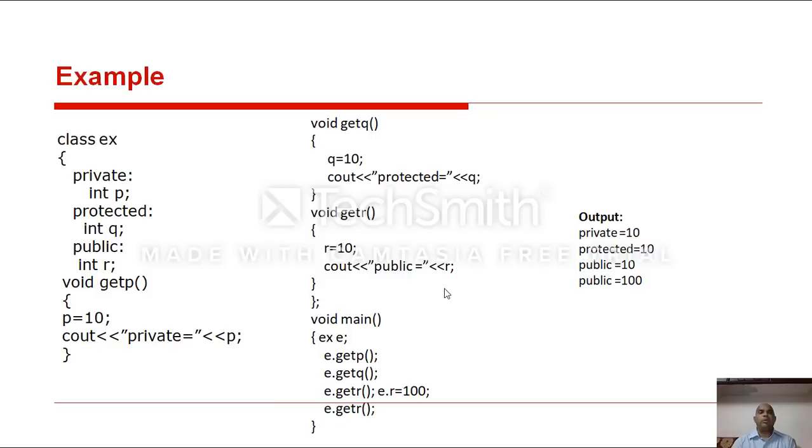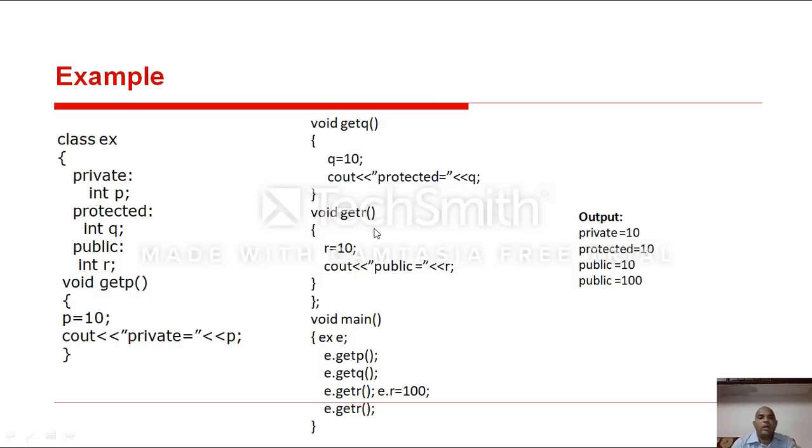Then this is an example program for data hiding concepts. Private, protected and public are the three access specifiers. Class EX has private, protected and public sections. Then void get P, void get Q, and void get R. In get P, P equal to 10, where P is private. In get Q, Q is equal to 10, cout protected, value of Q, that is 10.